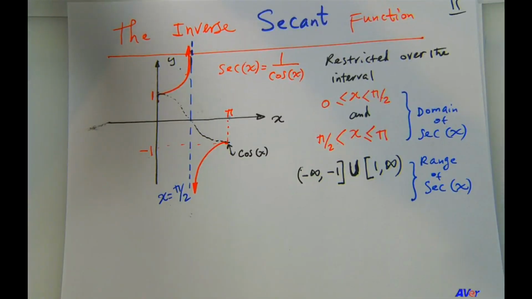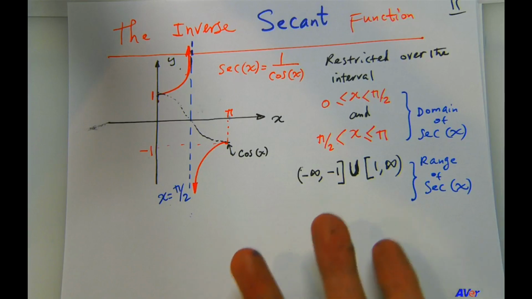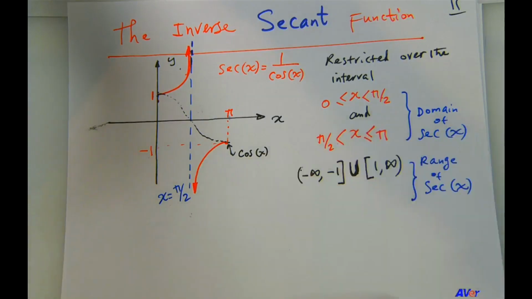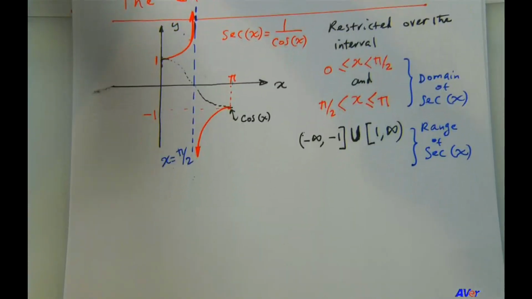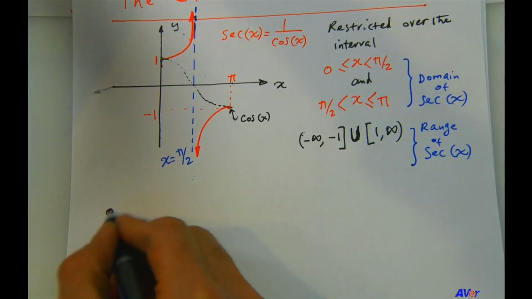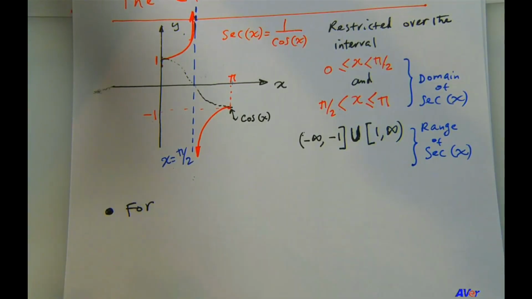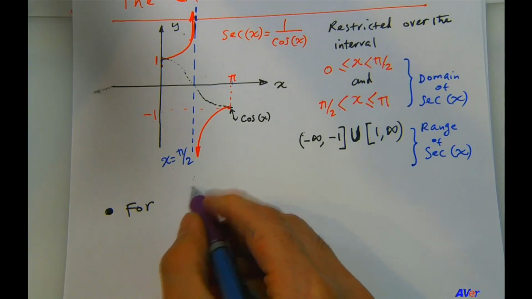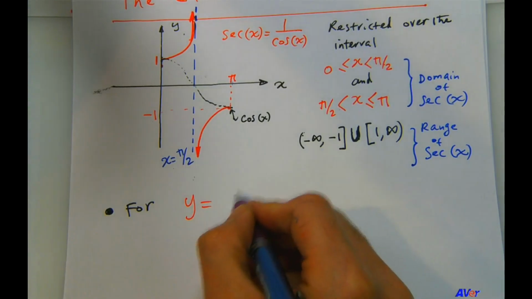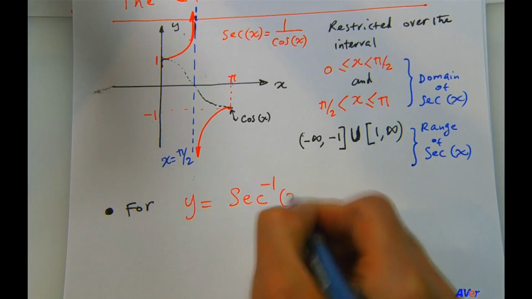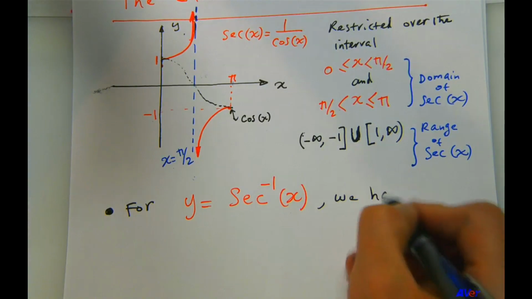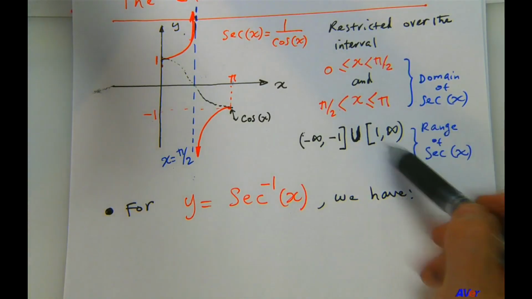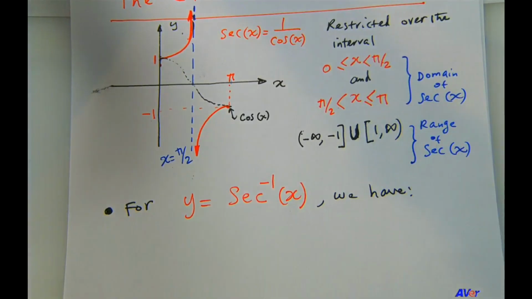Okay, so how is the domain and range for the inverse secant function going to look? So let's write that down. So for y equals inverse secant function, we have simply reverse the role of the domain and range here.